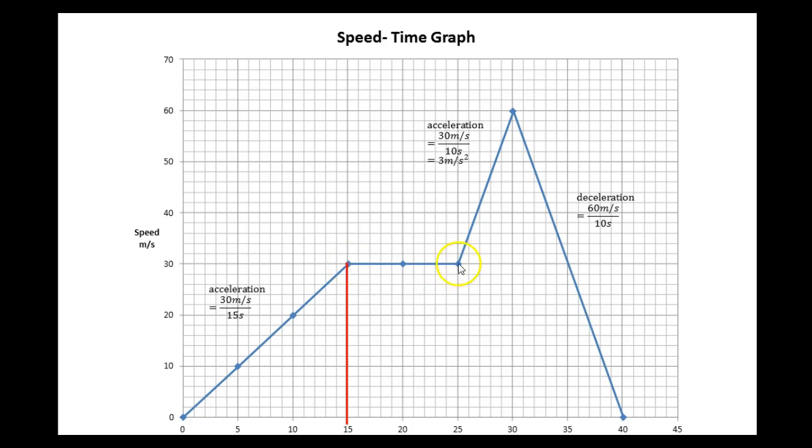Then from 15 seconds to 25 seconds, the speed is constant at 30 meters per second, and so our horizontal line means we've got a constant speed. In this section we can see that once again we've got this straight line going up, so that tells us the object's accelerating, the speed is changing from here to here. It goes from 30 meters per second to 60 meters per second.